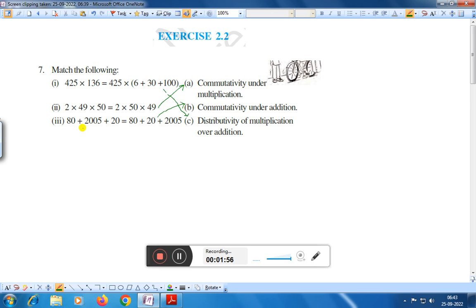That means for this one, commutativity, that is A plus B plus C, that is for 3. This is number 1.